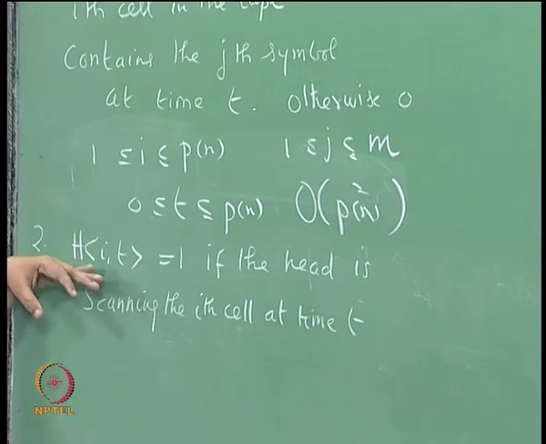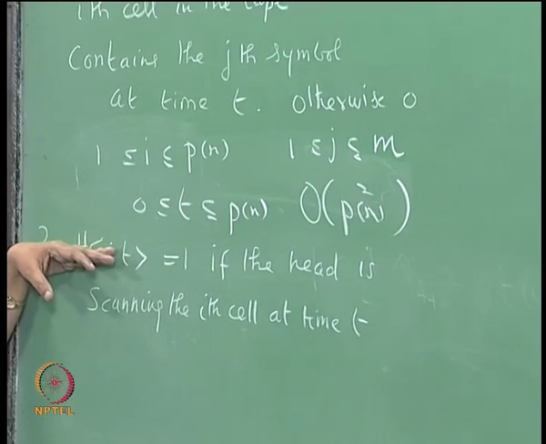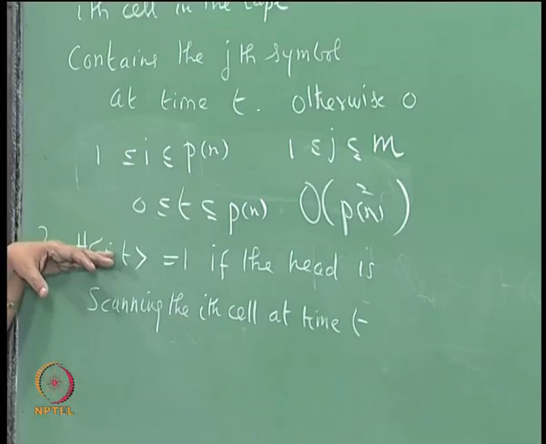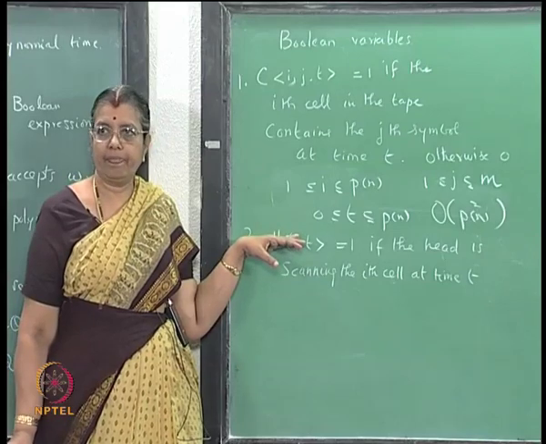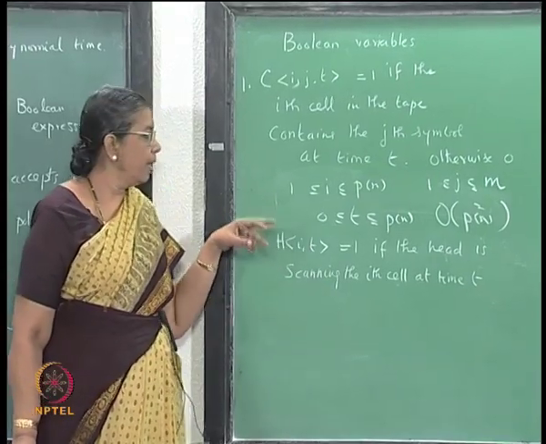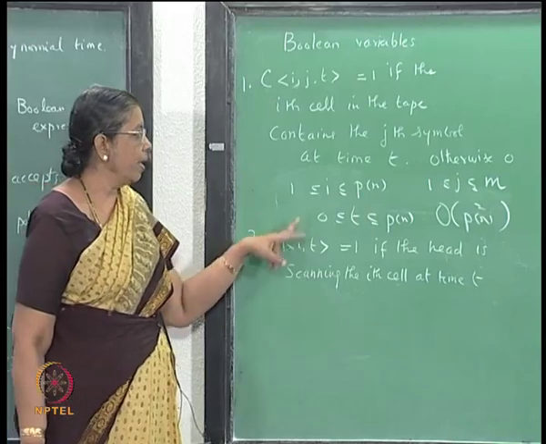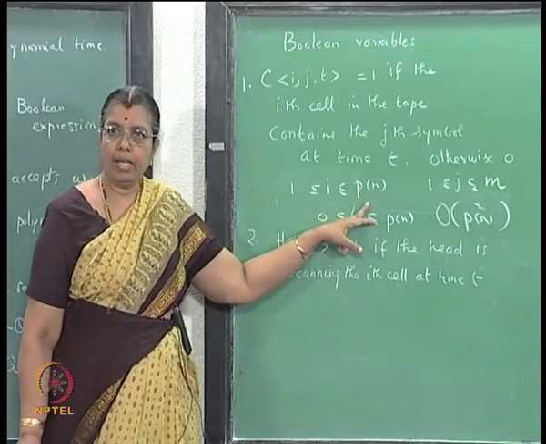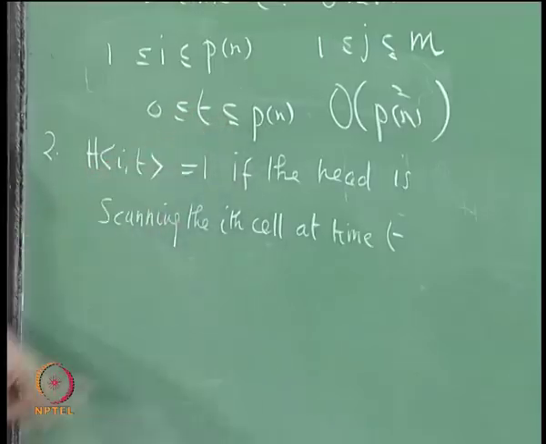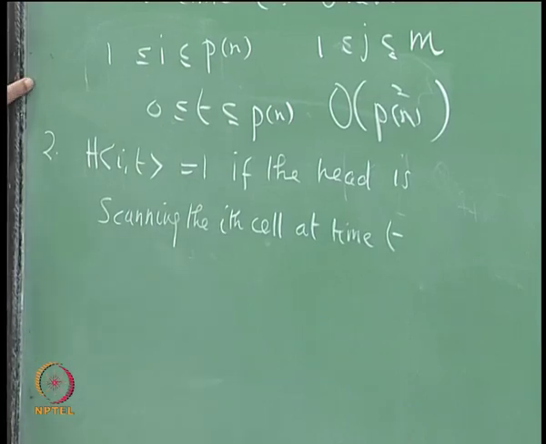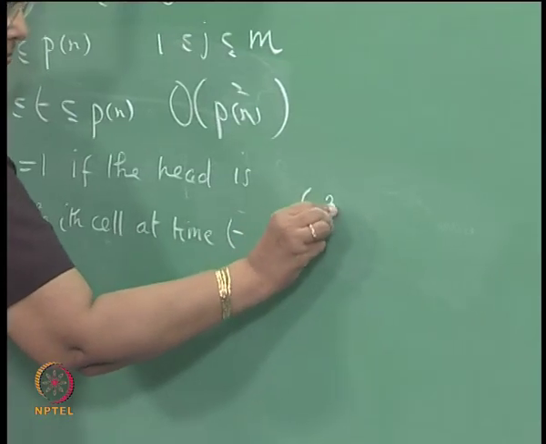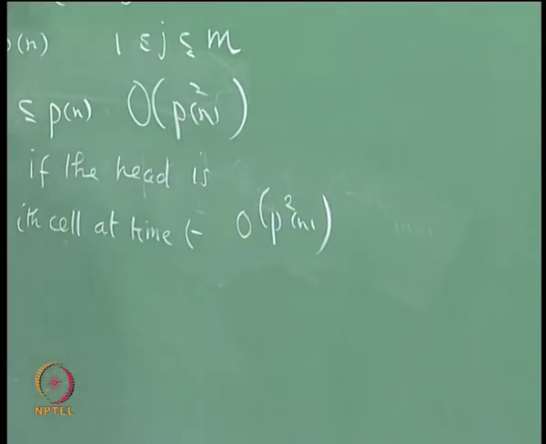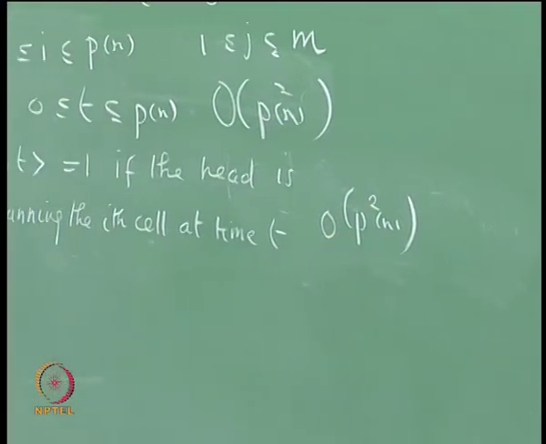You have variables, these have meaning like this. H_it is equal to 1 if the head is scanning the ith cell at time t, right. So, what is the range for i? 1 to P of n, range for t 0 to P of n, again order P squared of n variables will be there.